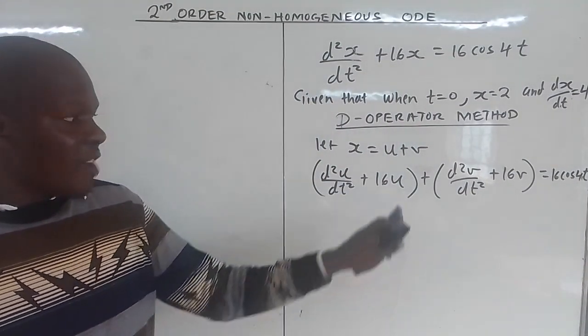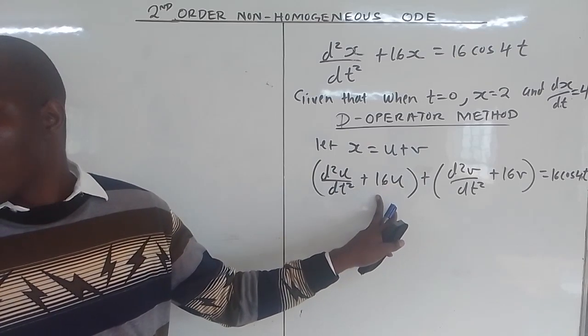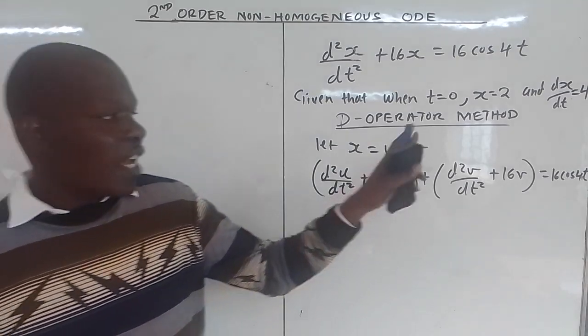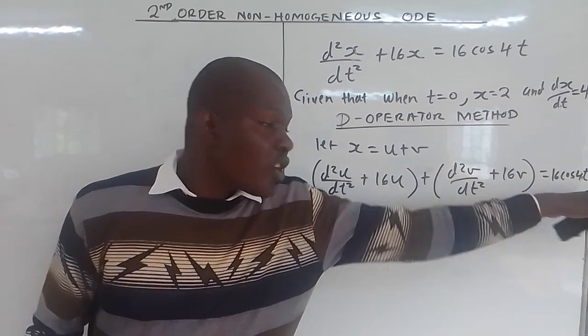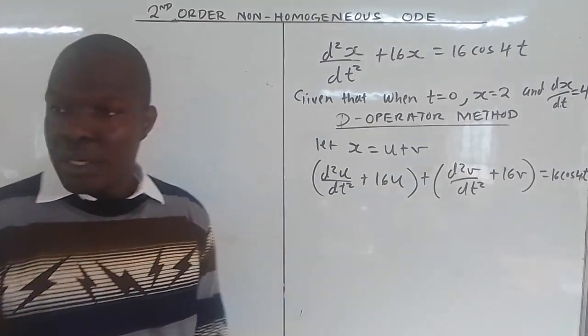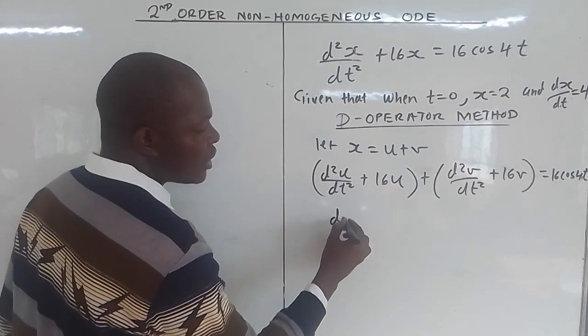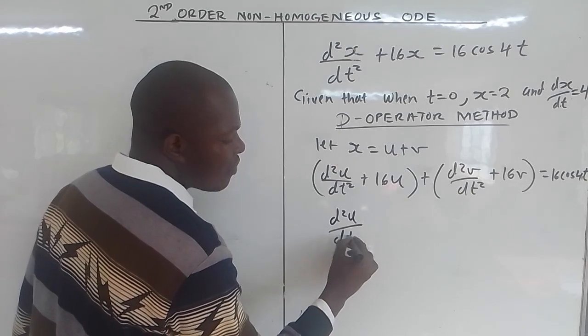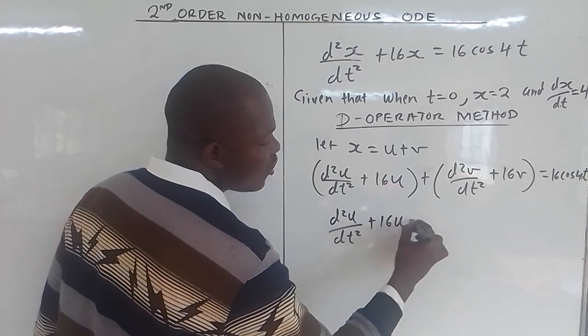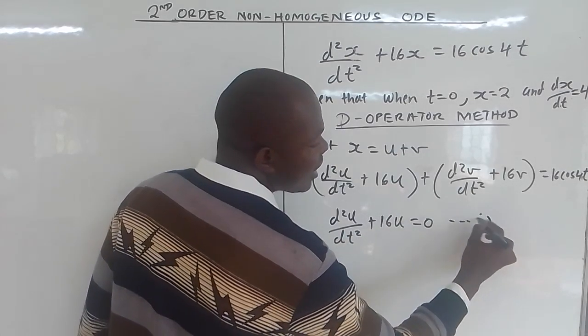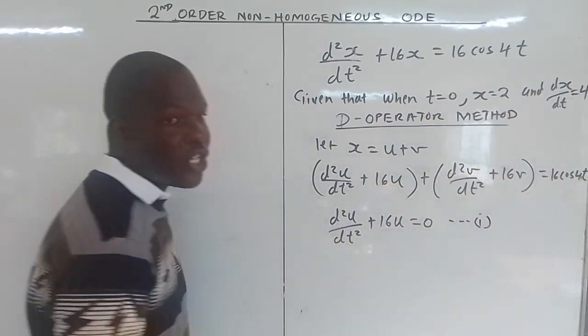So separate, the first part is the complementary function, you equate to 0, isn't it? Then the second part is the particular integral, you equate to the function. Are we together? So the first part, which is d squared u over dt squared plus 16u is equal to 0, that is the complementary function, you equate to 0.